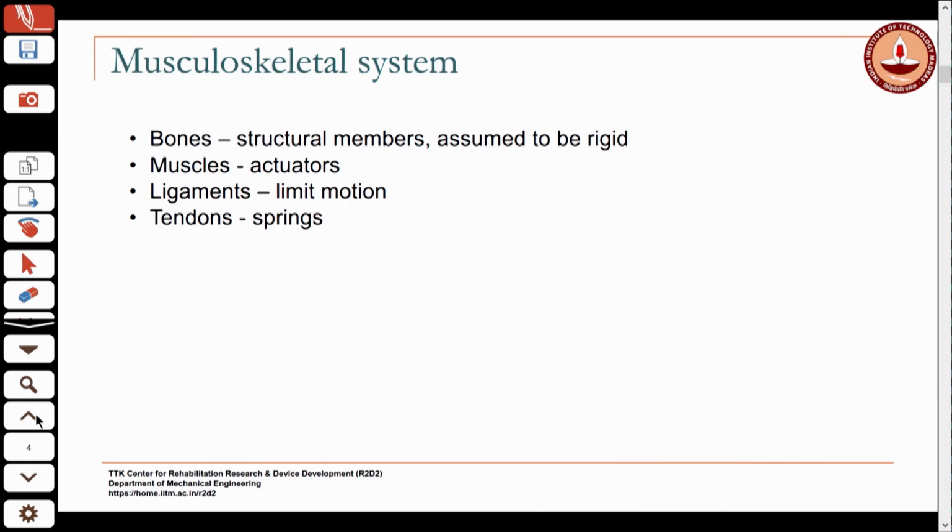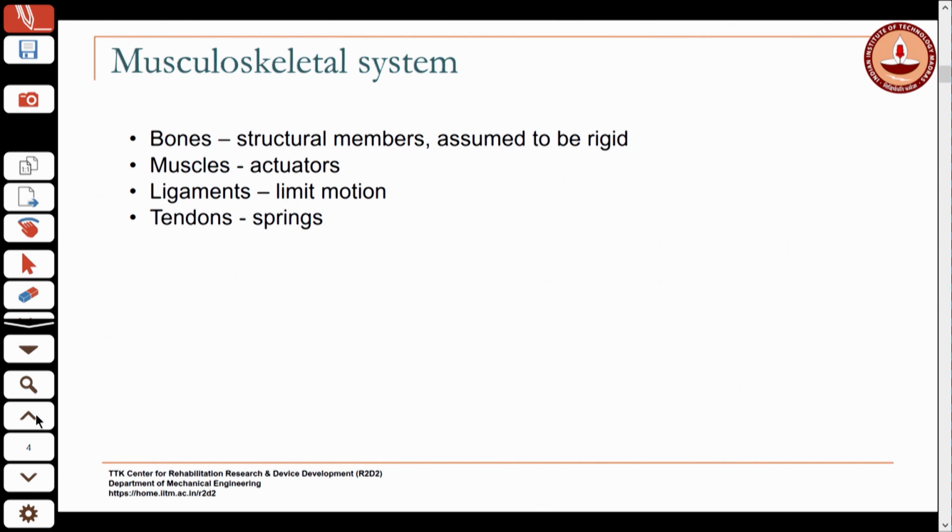In the human body, the muscles are the actuators. Like in a mechanical system, you may have motors or hydraulic actuators, something to apply forces. In the human body, the muscles are the actuators of the system. They apply the internal forces in the system.